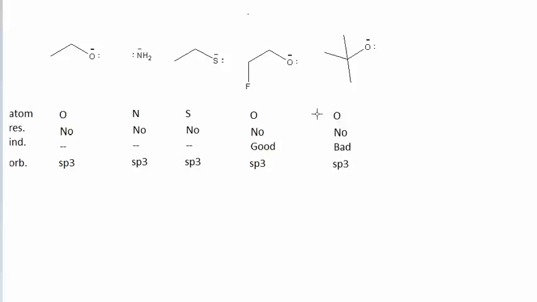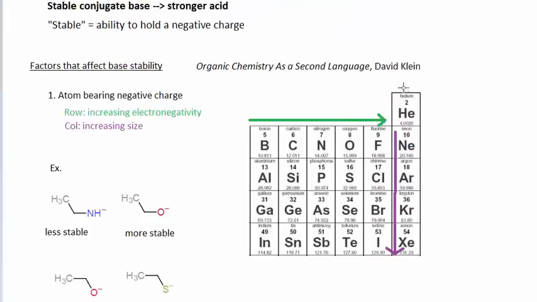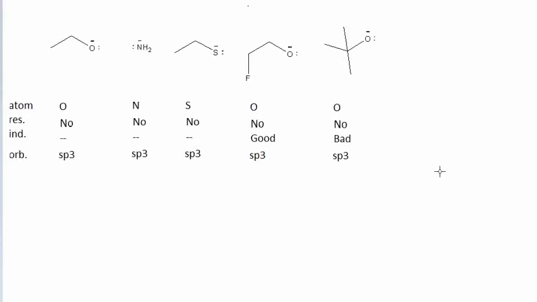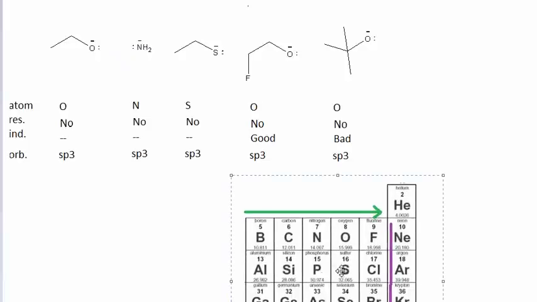Okay, at this point, we have enough information to be able to decide what the most stable compound is going to be. And the first thing to do is, if you don't remember what the periodic table looks like in that top right, you should get that. So remember, the first thing we care about is the electronegativity and the size.